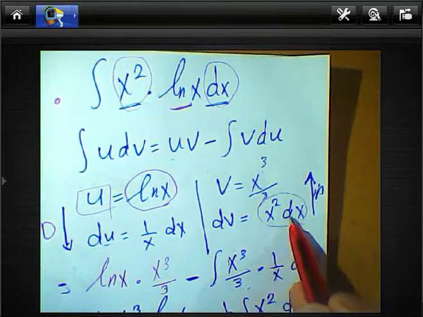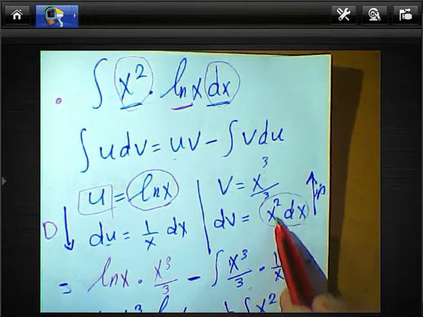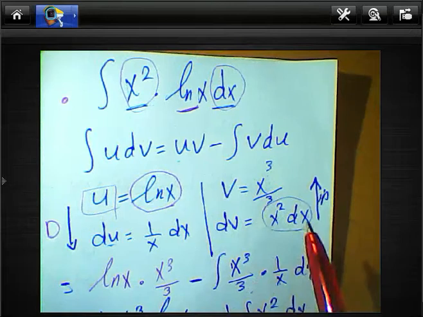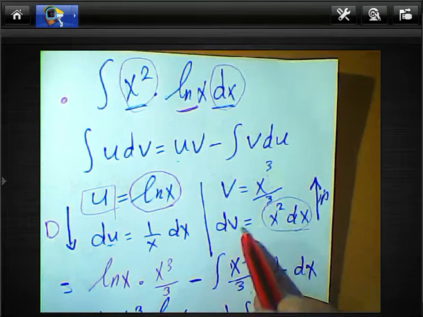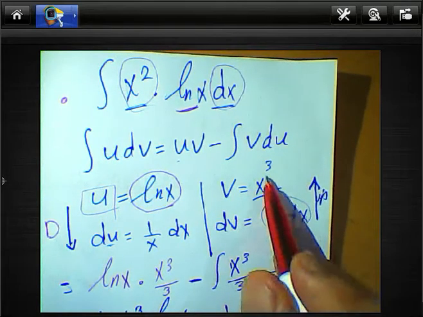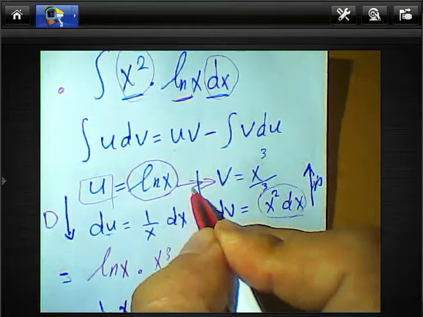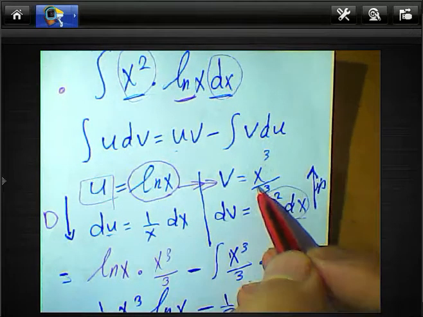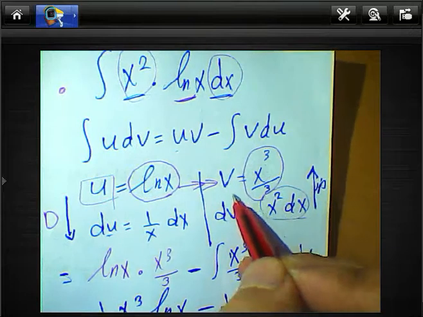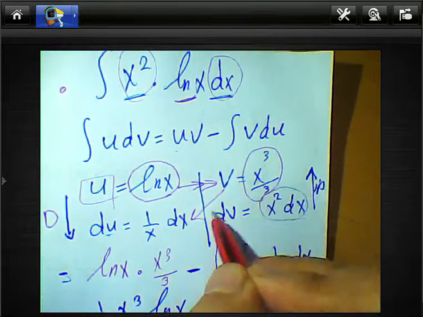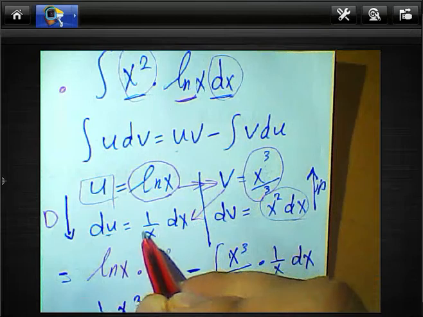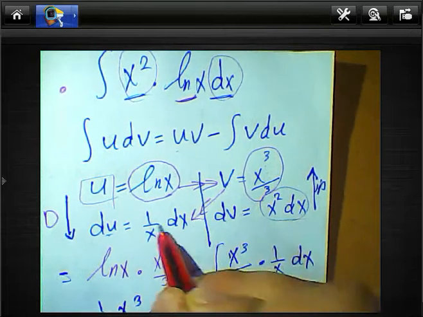For this term, we must add 1 to the power and divide by the new power. So the integral of dv equals v, and we can write x^3 divided by 3. Using this method, ln x multiplied by x^3 over 3, subtract the integral of x^3 over 3 multiplied by 1 over x.